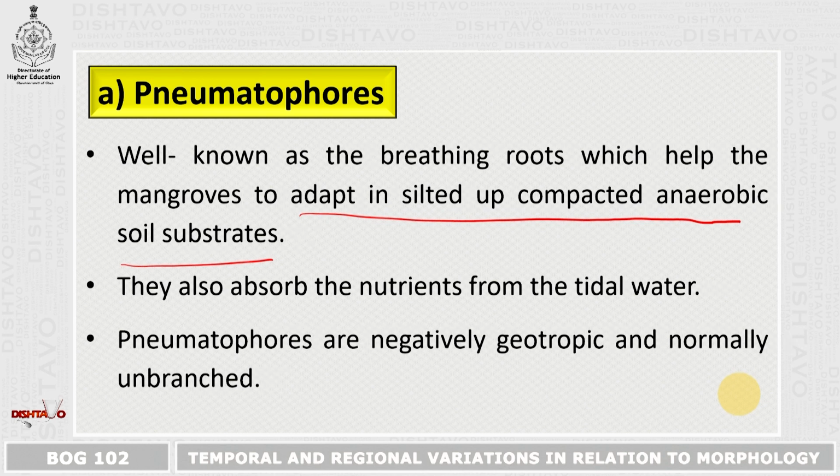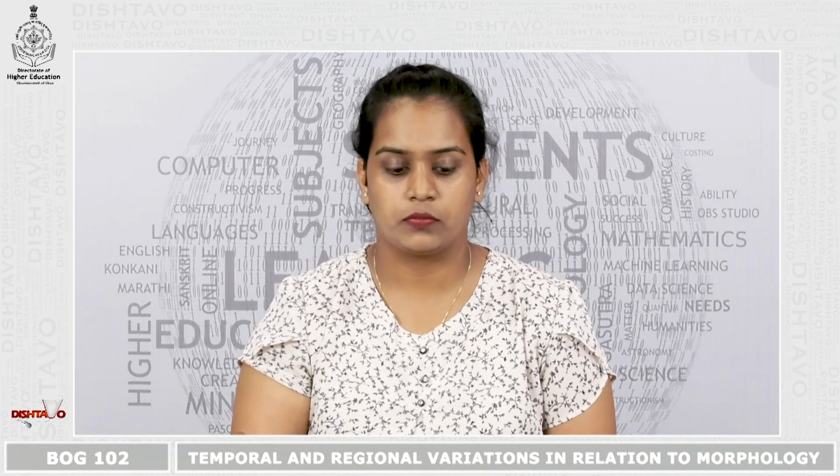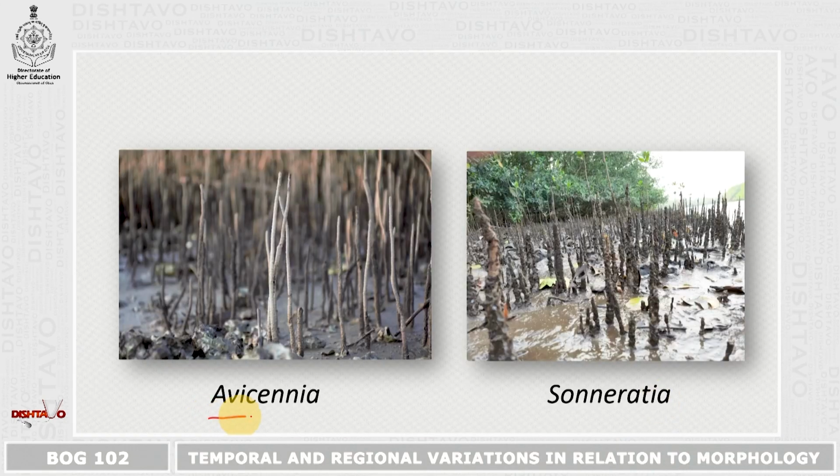Pneumatophores are negatively geotropic, which means they grow away from the force of gravity, and they are normally unbranched. But at the time of injury at the apical tip of the pneumatophore, they can be branched. These are the pictures of pneumatophores seen in Avicennia and Sonneratia.